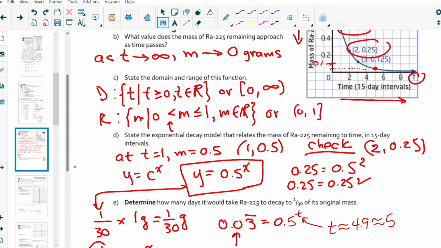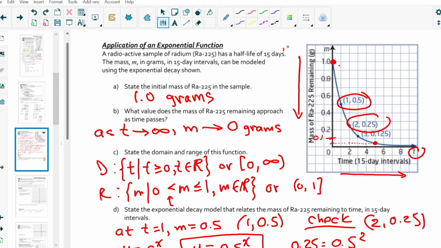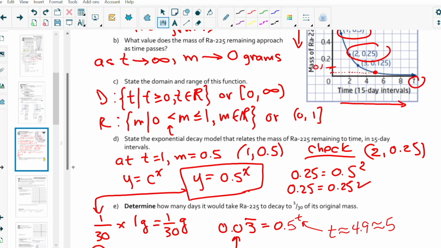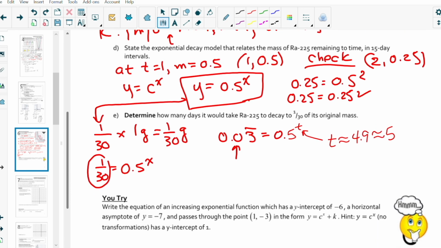Okay, remember this is in units of 15-day intervals, right?